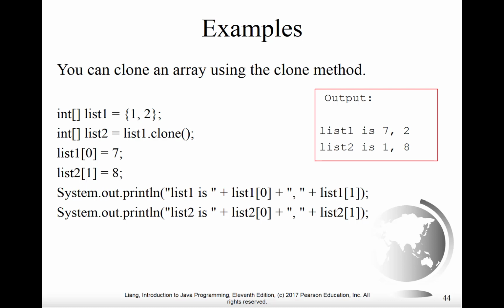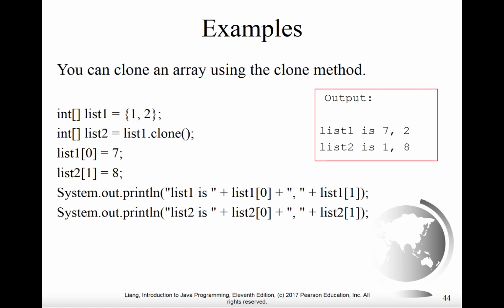It won't affect list2. List2 was originally cloned, but now it lives as an independent entity, and changes we make to list1 do not affect it. Similarly, changes we make to list2, the clone, do not affect the original. So when we say in that fourth line down, list2[1] = 8, that will overwrite the 2 in list2, but it won't have any effect on the 2 back in list1.